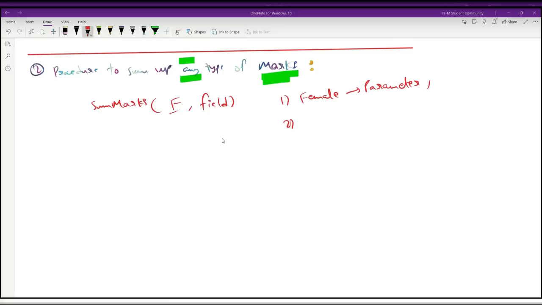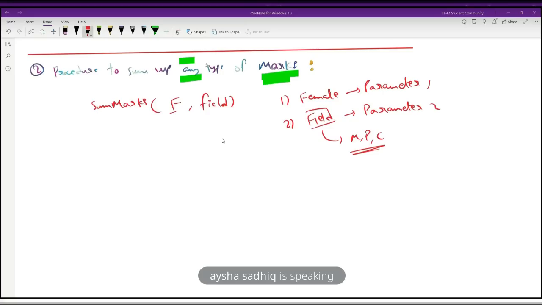And the second parameter is field. Field is the parameter number 2. This field can be anything. It can be either maths, physics, or chemistry, any of these three. Okay?